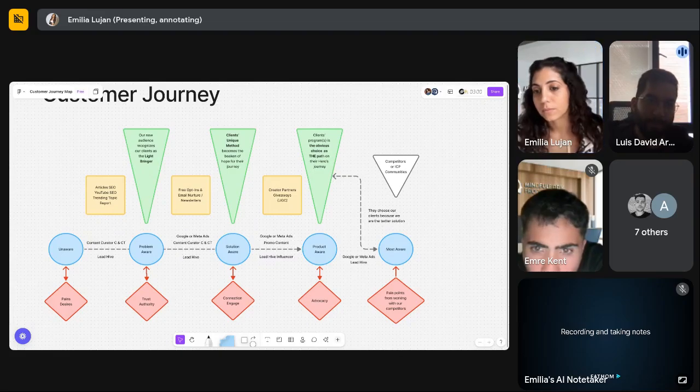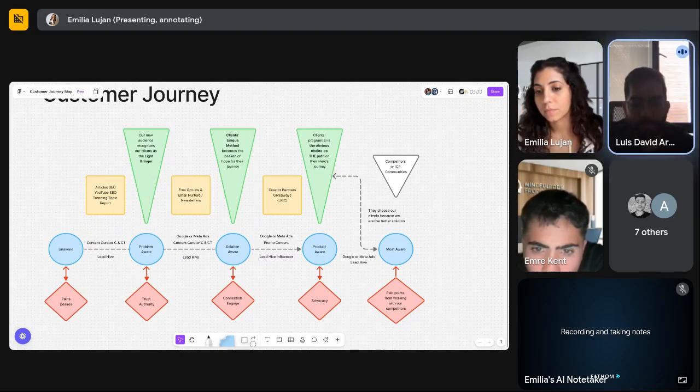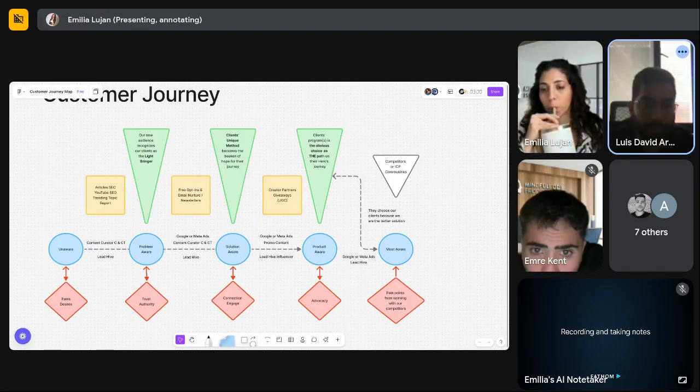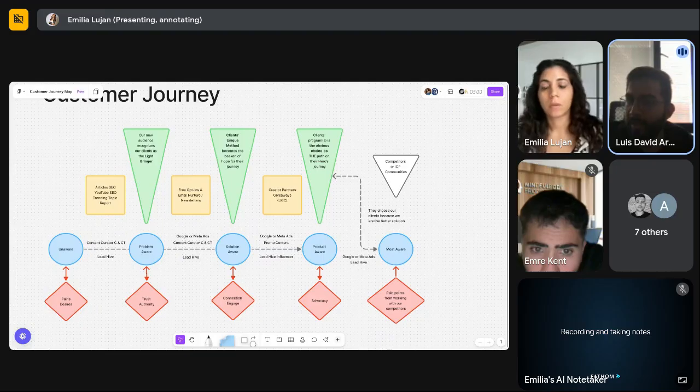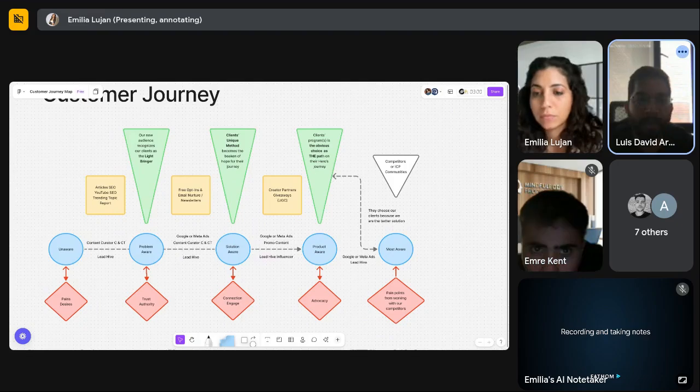Yes. For example, in Google Ads we have different campaigns, right? The same with Facebook, we have different types of campaigns that can help the customer on this journey. For example, first resolve the problem or make them aware of the problem. So there are some types of Google Ads campaigns like display campaigns or performance campaigns, which include creative videos or images, right?